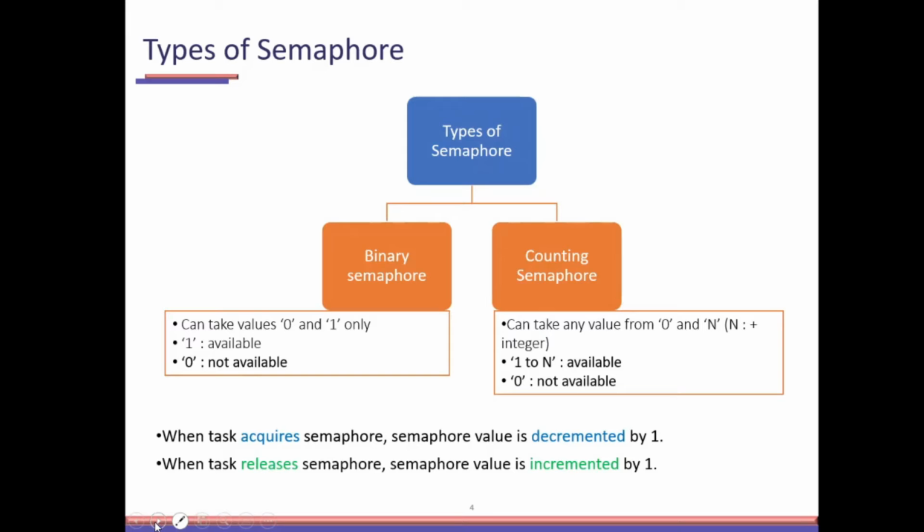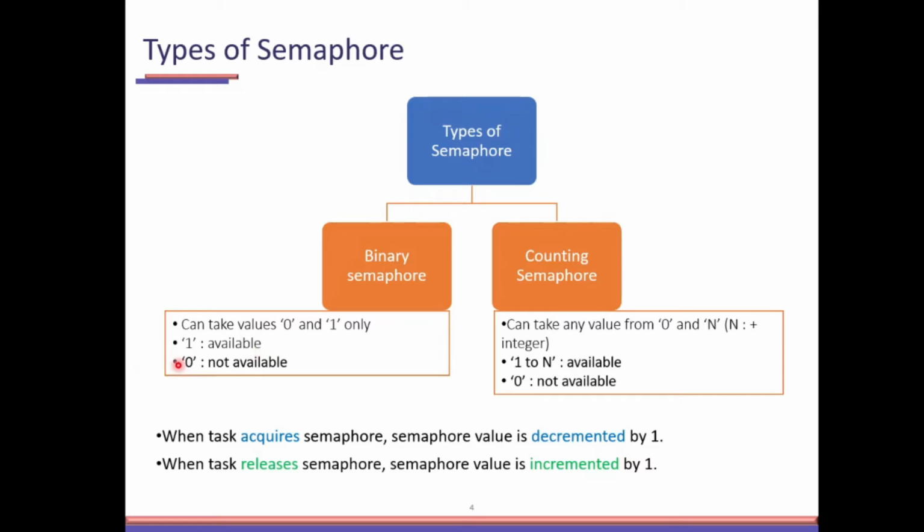There are basically two types of semaphore: binary semaphore and counting semaphore. A binary semaphore takes a value of either 0 or 1, and a counting semaphore takes a value from 0 to n, n being some positive integer. In a binary semaphore, when the value is 1, it is available and can be used by any task.